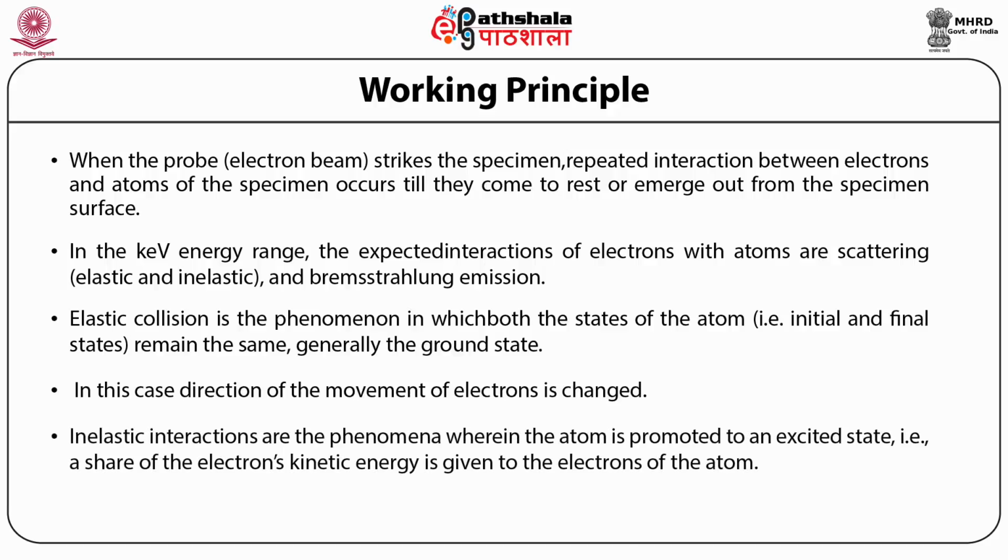In this case, the direction of movement of electrons is changed. Inelastic interactions are the phenomena wherein the atom is promoted to an excited state. That is, a share of the electron's kinetic energy is given to the electrons of the atom.